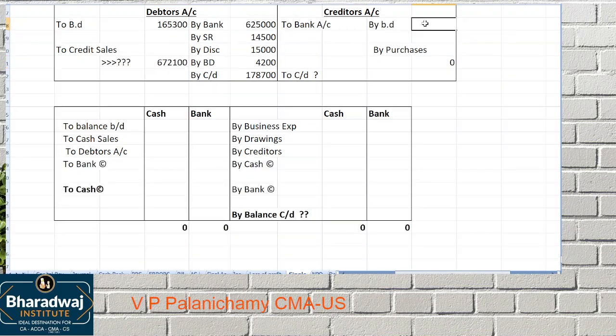Creditors. Opening balance is 1,57,000. Then, how much is paid to them? Then, what else? Discount received.